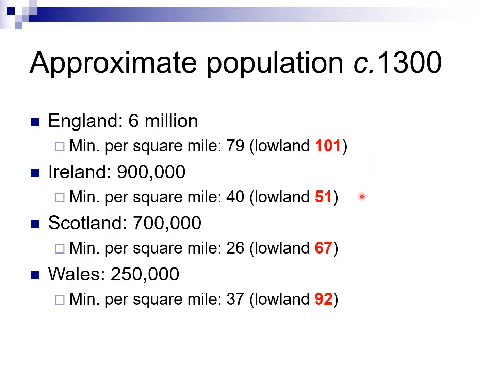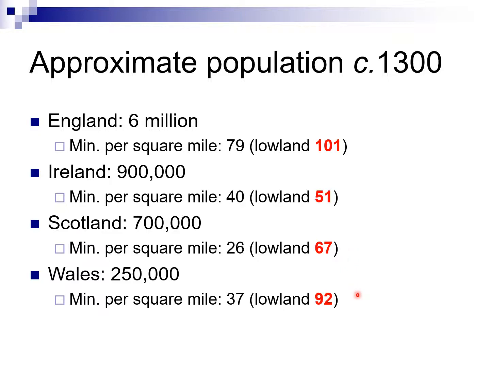Now, by comparison, Ireland here, with a lowland population density of around 51, is only half as densely populated as England. Scotland, 67, is less densely populated than England, although some lowland areas of Scotland are so far north that they too aren't much good for farming grain.